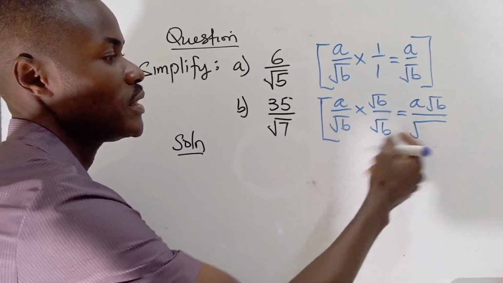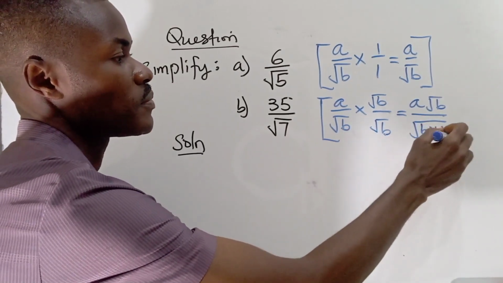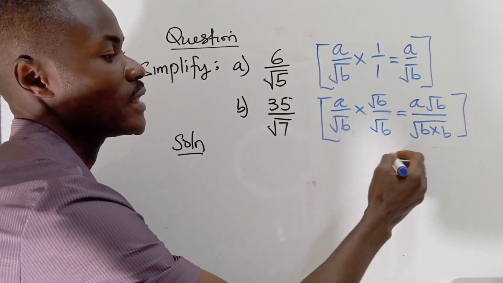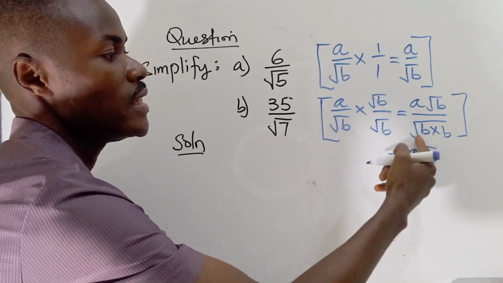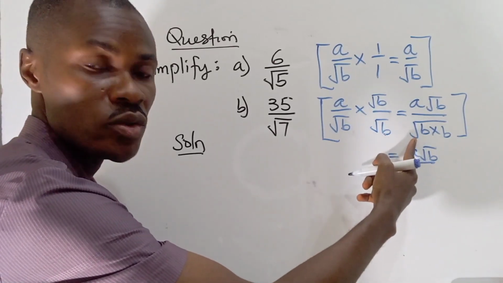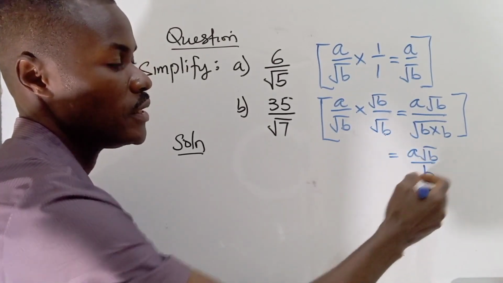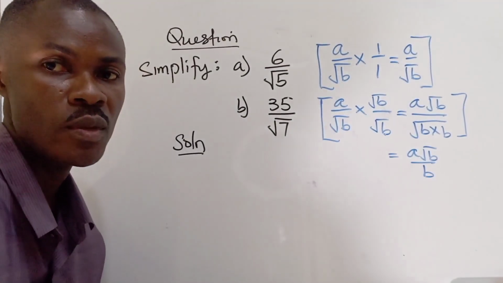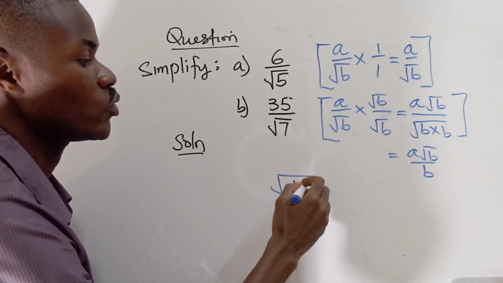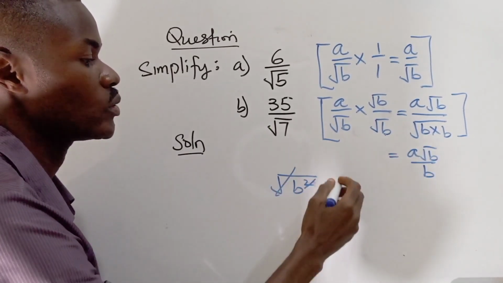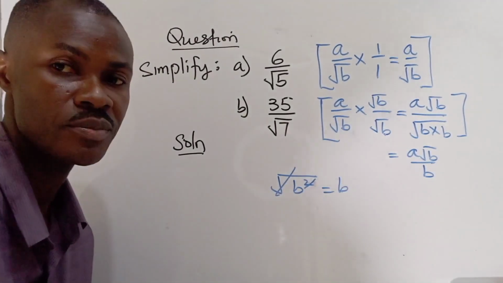Square root B times B. And this will finally give us A root B divide. Now, square root of B times B is still B. That is true because we have B times B is B squared. This can cancel out this, so we are left with B.